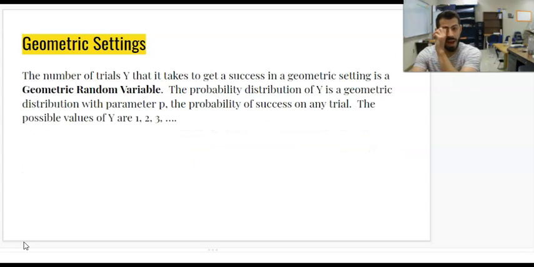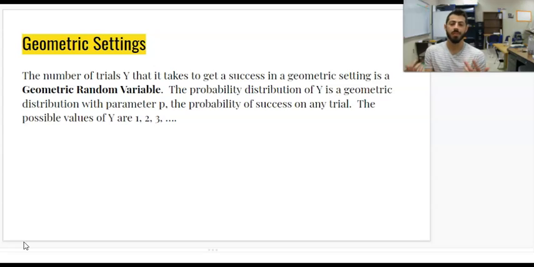So we use Y for number of trials for a geometric. That's just common practice. The probability distribution of Y is going to be a geometric distribution with a parameter P, which is the probability of success on any trial. We don't have a specified N in this case because we don't know how long it's going to take for our first success.